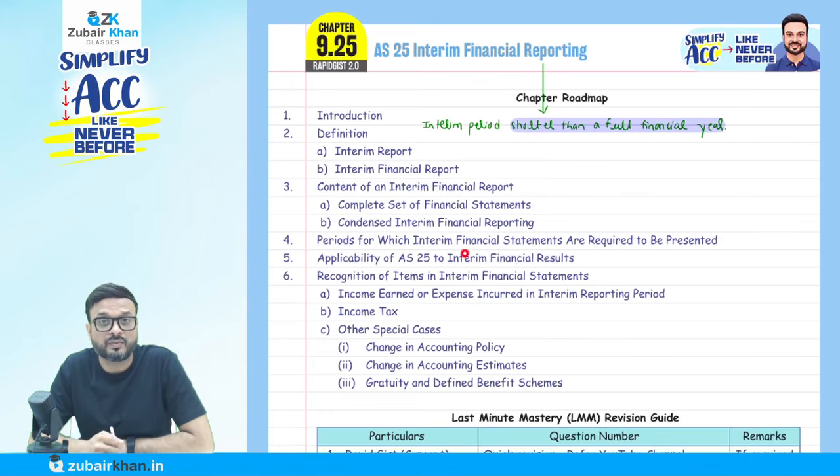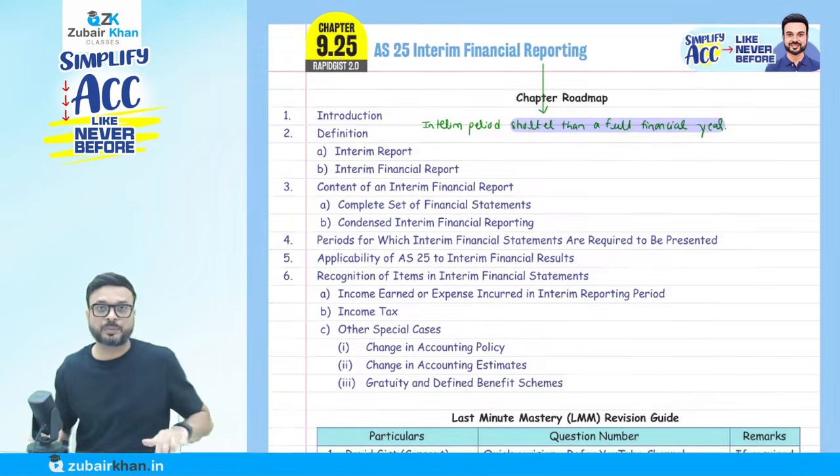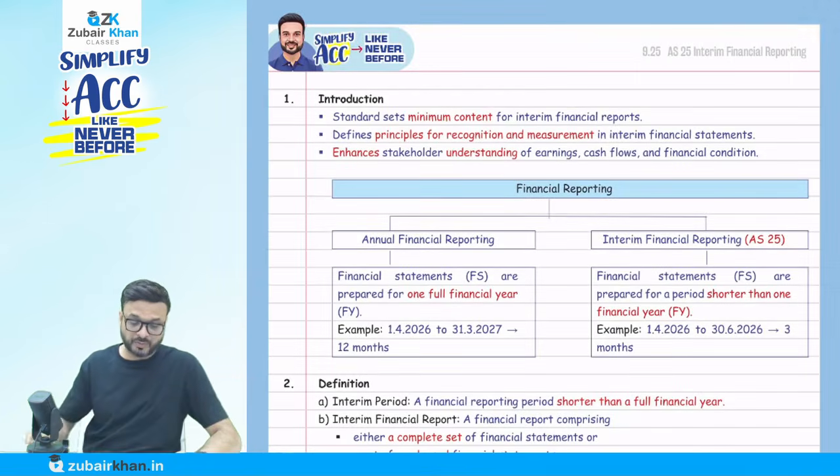Period for which interim financial statements are required to be presented, applicability of AS 25 to interim financial results, recognition of items in interim financial statements, income earned or expenses incurred in the interim reporting period, income tax and other special cases, change in accounting policy, change in accounting estimate, and gratuity and defined benefit plan. So we'll start with the introduction part.